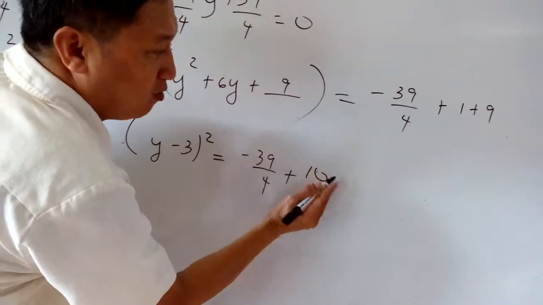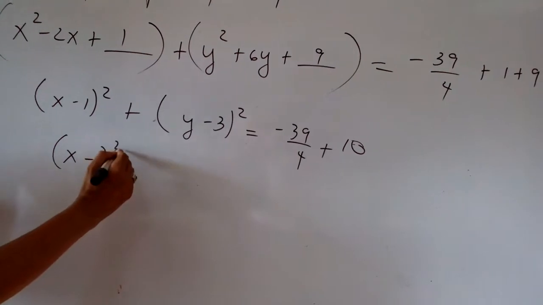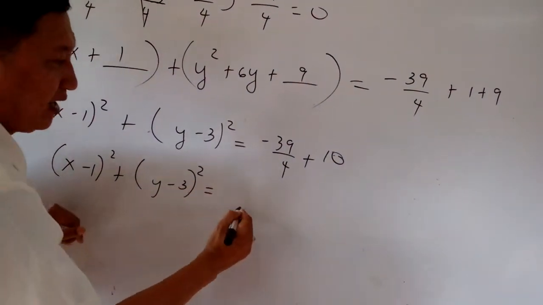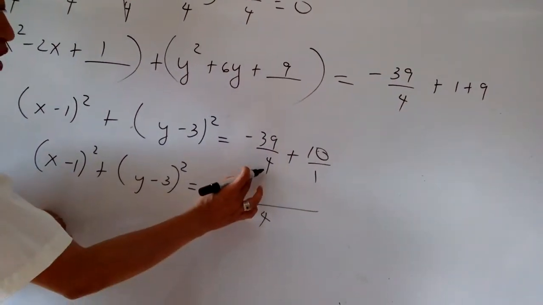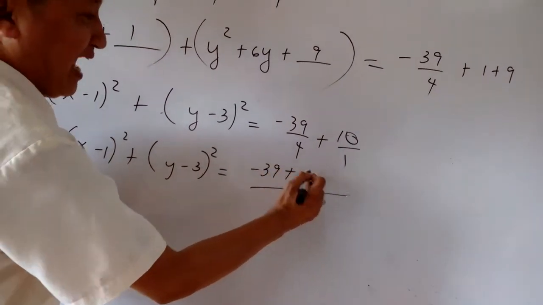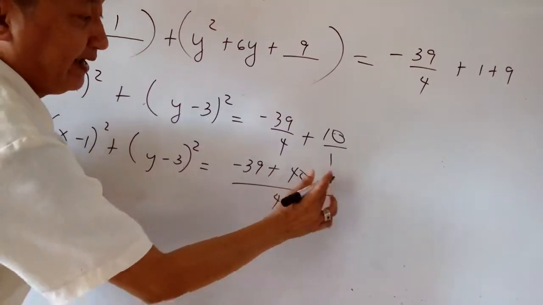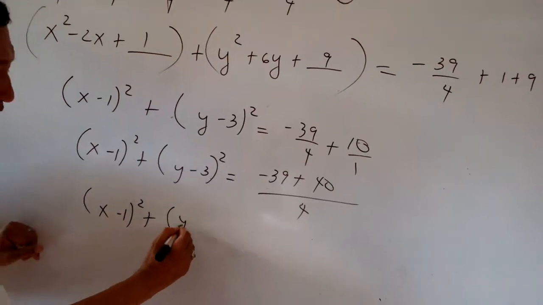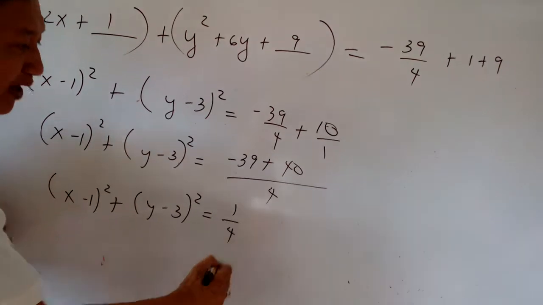So we get now the least common denominator. The quantity of x minus 1 squared plus the quantity of y plus 3 squared is equal to LCD understood over 1. 4 divided by 4, 1 times negative 39, negative 39, plus 4 divided by 1 times 10, 40. So therefore, the quantity of x minus 1 squared plus the quantity of y plus 3 squared is equal to 1/4.